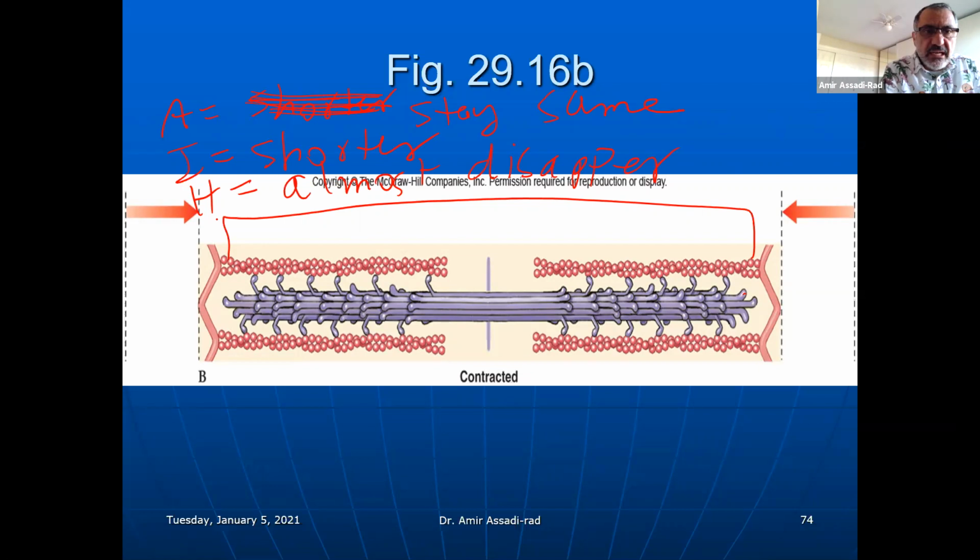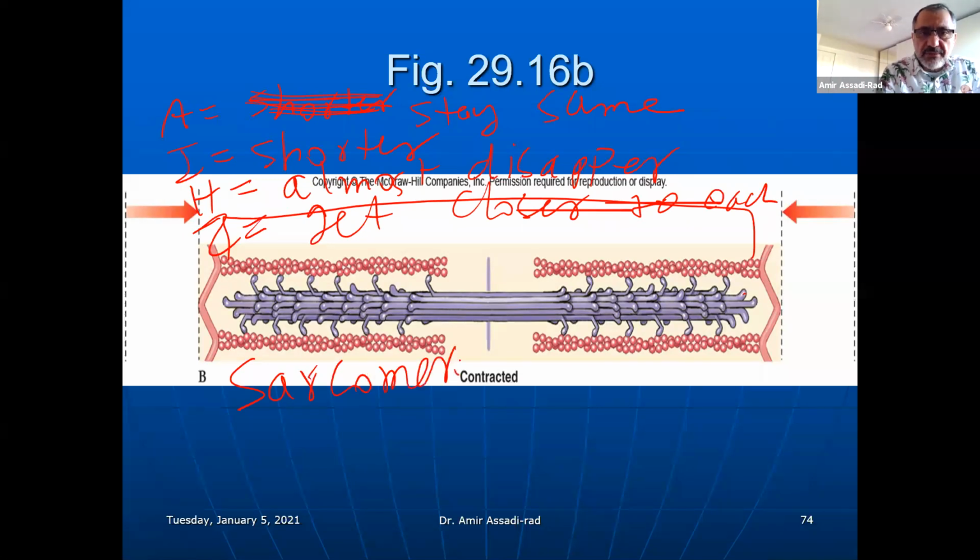And then the Z lines get closer to each other. Sarcomere, what happens to that? It gets shorter, right?